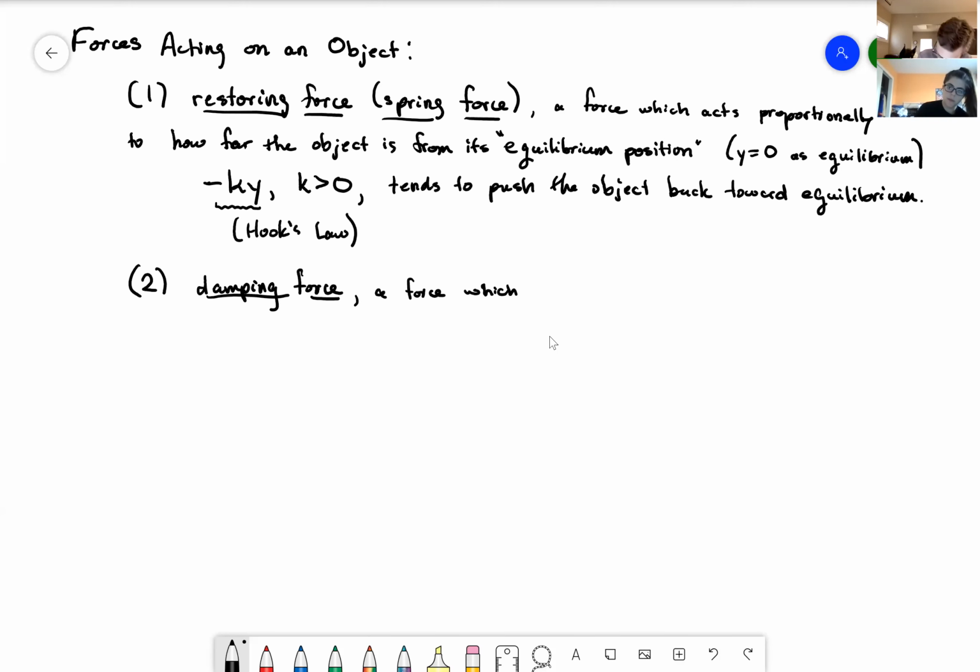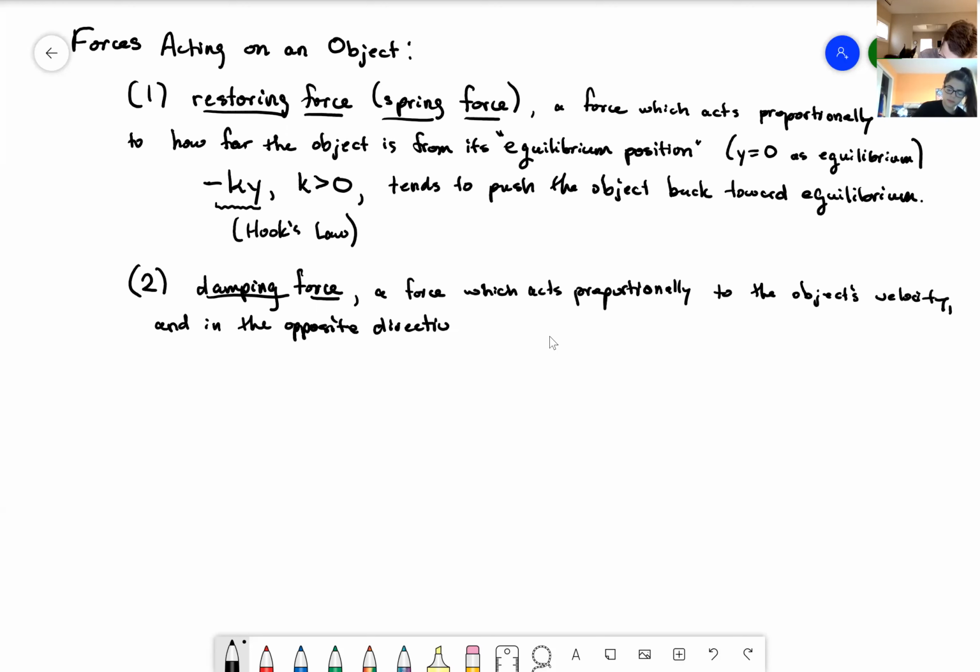But anyway, this is a force which acts proportionally to the object's velocity and in the opposite direction.